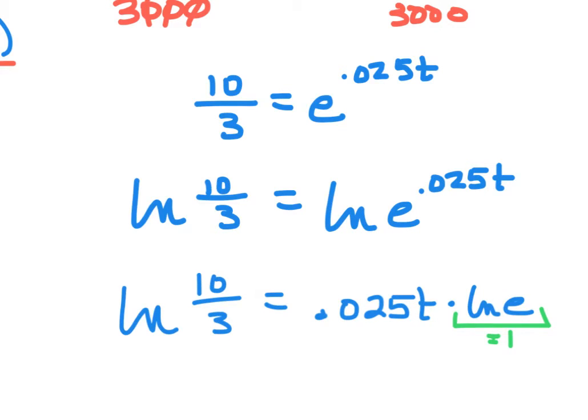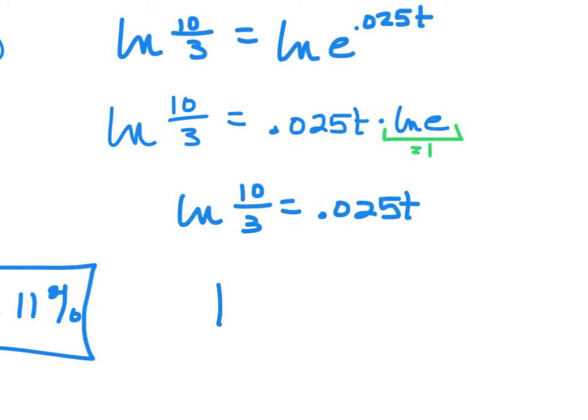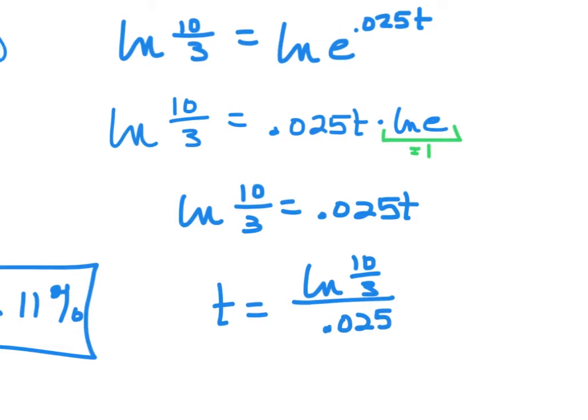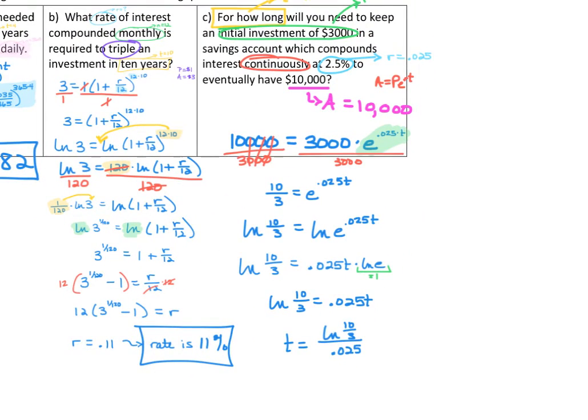And so really, this whole thing boils down to ln of 10 over 3 equals 0.025t. And so t equals ln of 10 over 3 divided by 0.025. Take a quick minute, look at all the steps there. Make sure that you understand each step.